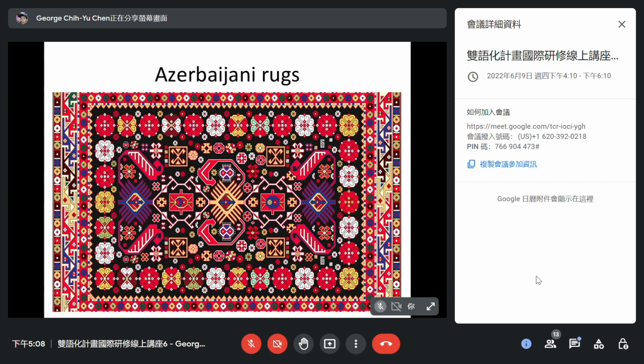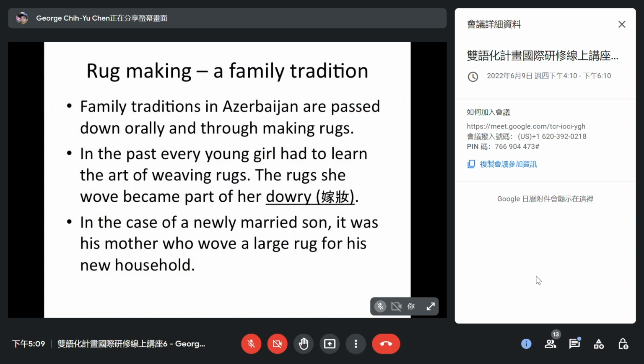And here I show you an example, a design of Azerbaijani rugs. For people in Azerbaijan, rug making is a family tradition. It wasn't set up for commercial reasons, meaning to sell and make money.